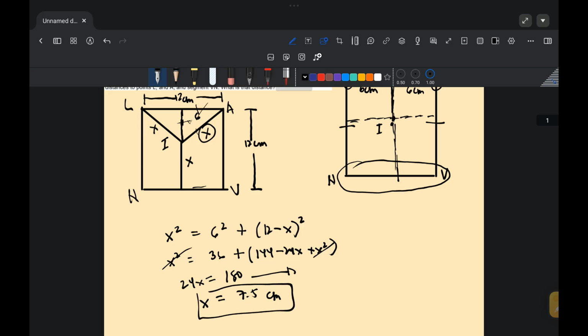So let's simplify this one. It gives us 12x is equal to 90, x is equal to 45 over 6, x is equal to 15 over 2, which will give us 7.5 cm.